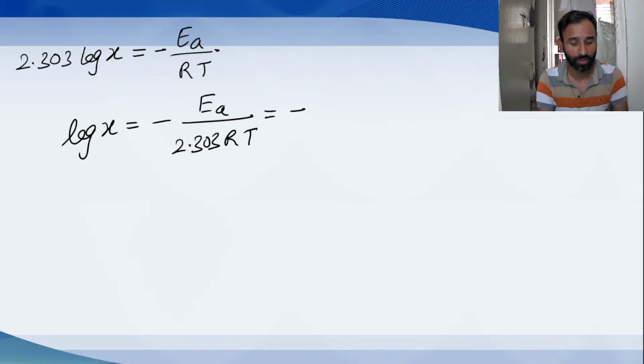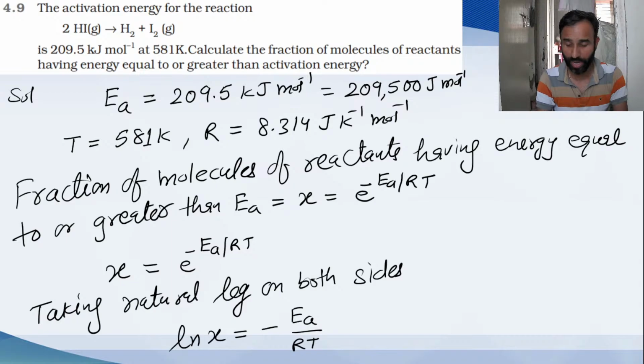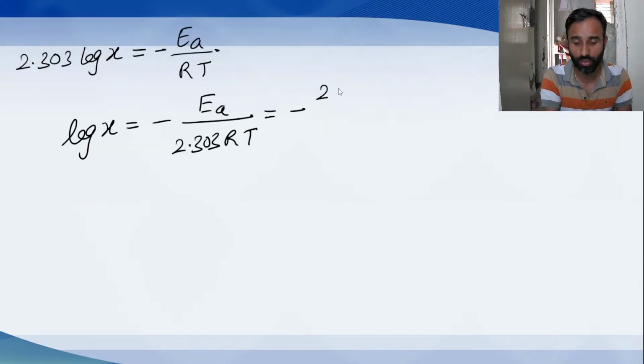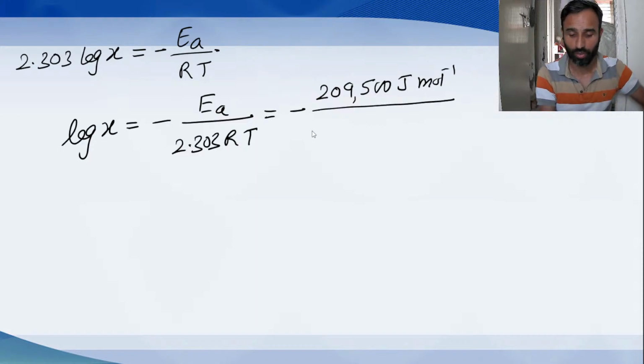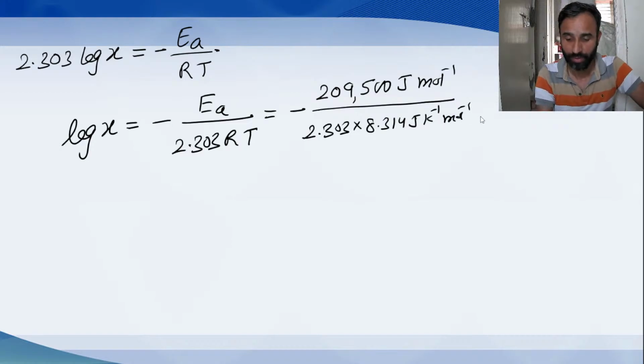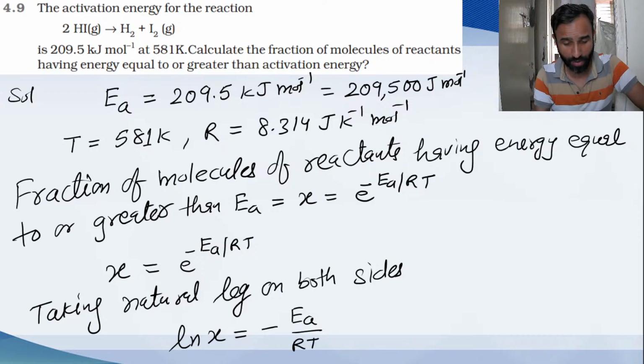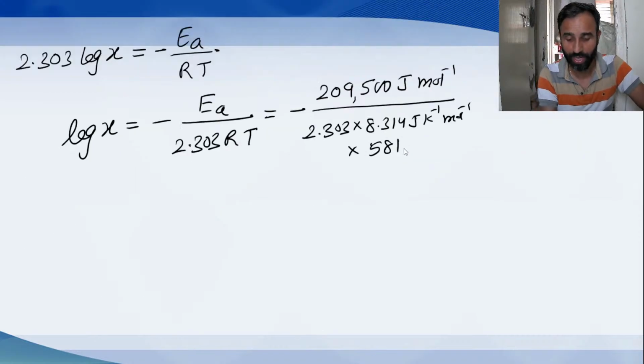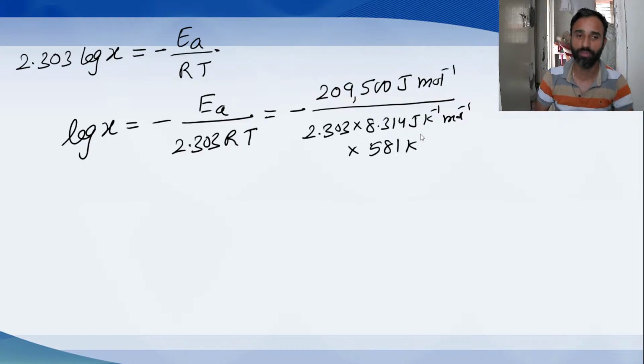Just put the values. What is EA? 209500 joule per mole divided by 2.303 into 8.314 joule per Kelvin per mole into the temperature, 581 Kelvin. So the quantity becomes dimensionless.